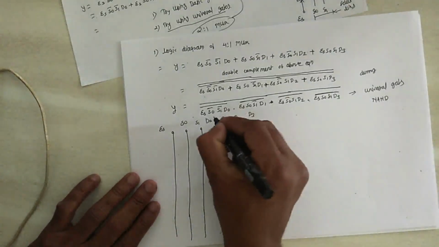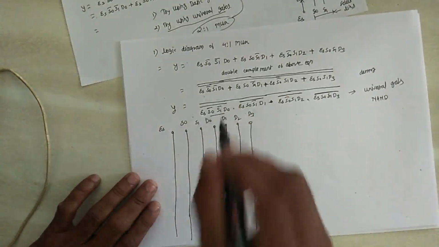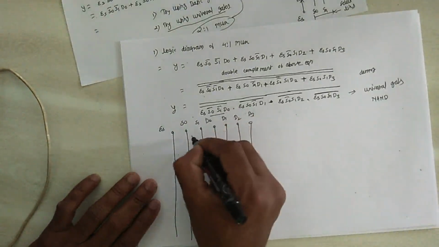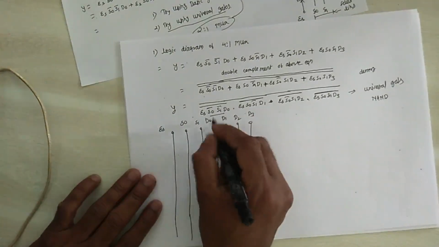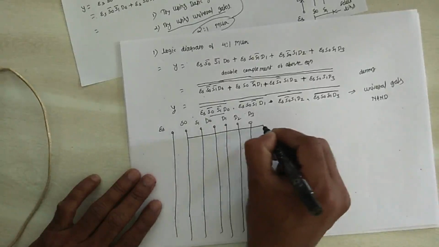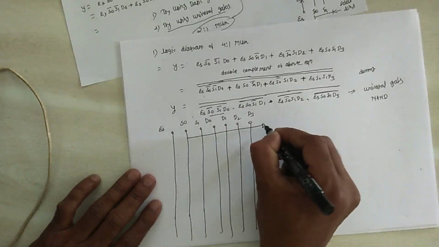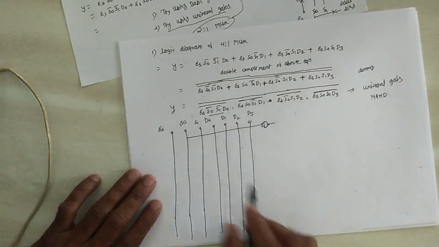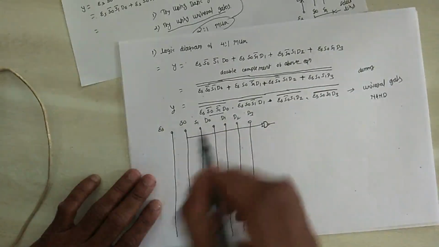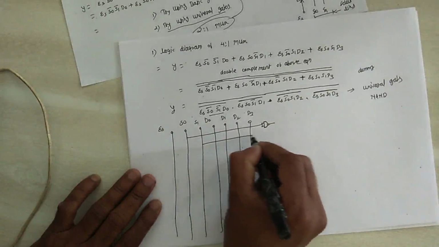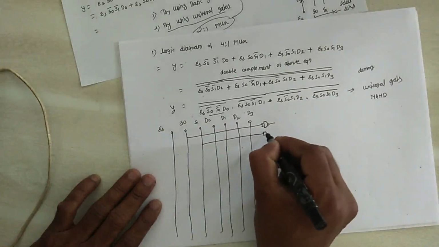For the first term we need S0 complement and S1 complement. So first take a NAND gate, because we want to implement it by using universal gates. This will produce S0 complement. Again we need S1 complement, so take one more NAND gate.